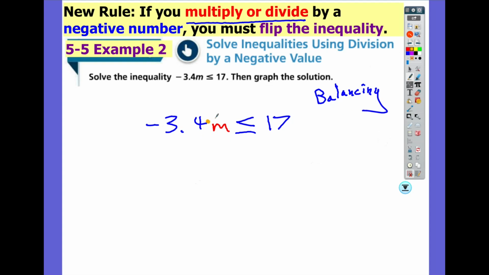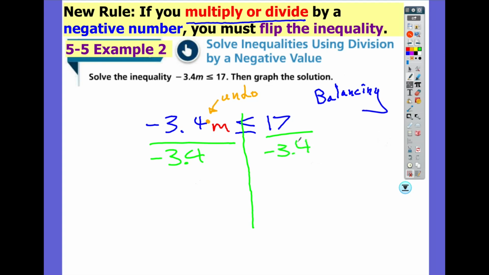So let's look at our operation. We've got a multiplication right here. Let's undo that multiplication with division. So I'm just going to balance it out, divide both sides by negative 3.4. And let's just check: did I get to a point where I have to apply my rule or not? I'm dividing by a negative number right here.